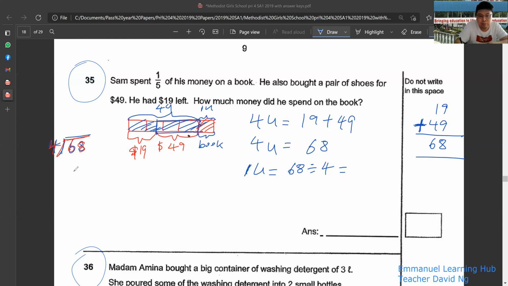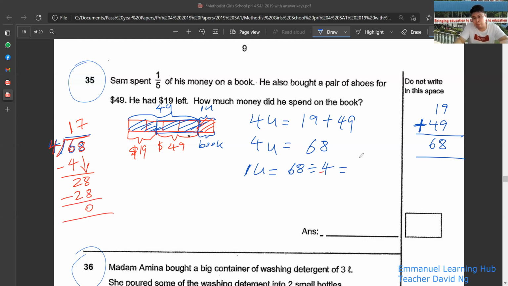68 divided by 4. Let's do the division. 4 times 1 is 4. Then minus, equals 28 because you bring down the 8. 28 divided by 4 equals 7. 7 times 4 is 28.